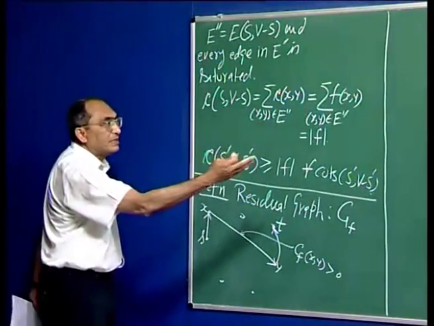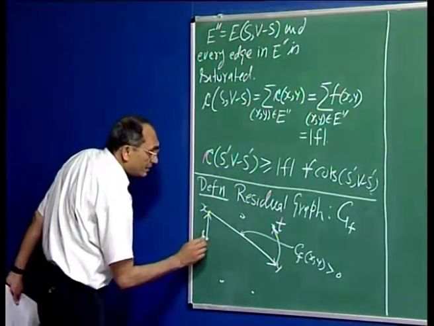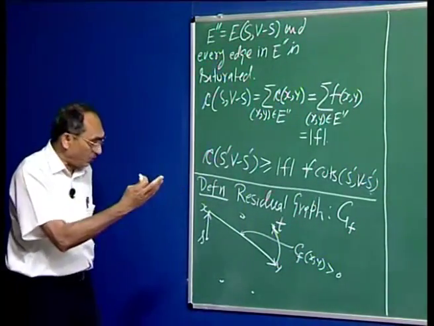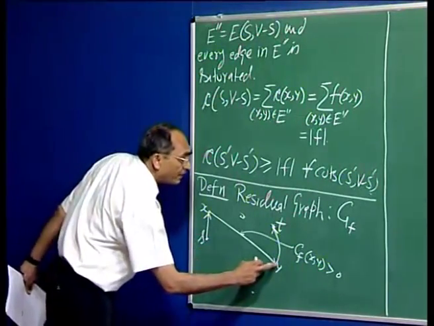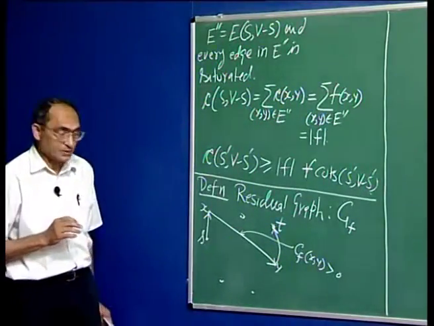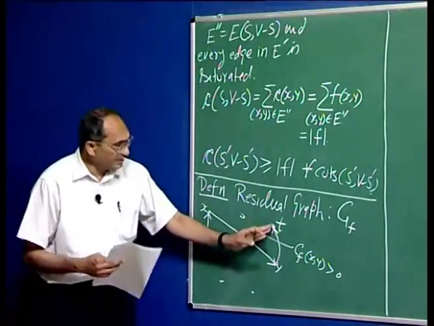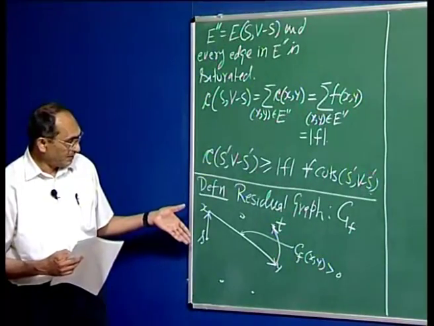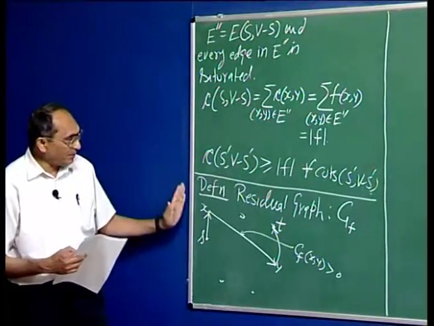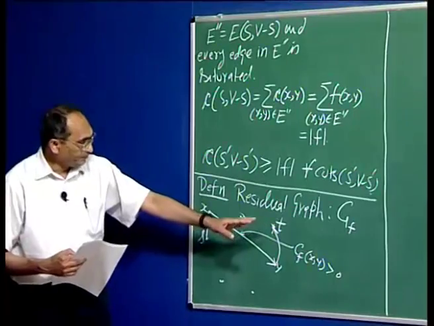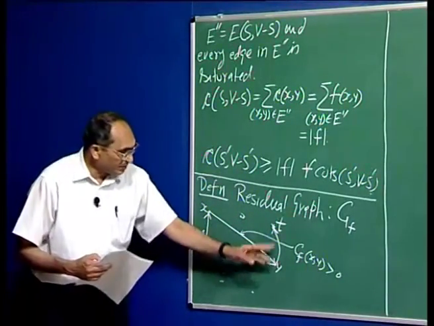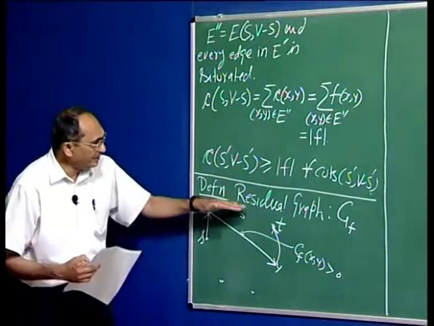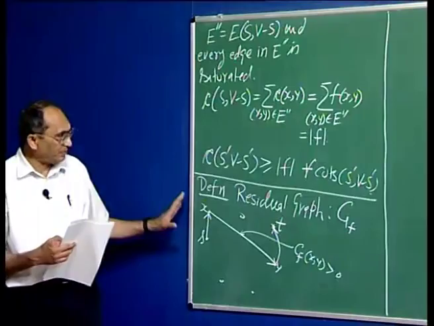Then, as we have seen in the proof, we compute alpha, and in the original flow we append that much flow alpha along these edges. If we do that, we have seen that our net flow will improve by alpha. Hence, the problem of finding such a path with positive residual capacity is the same as finding a path in the residual graph. That is the purpose of defining this graph.